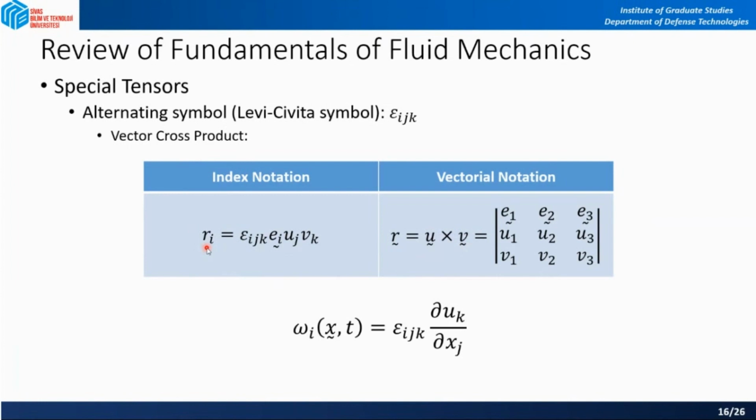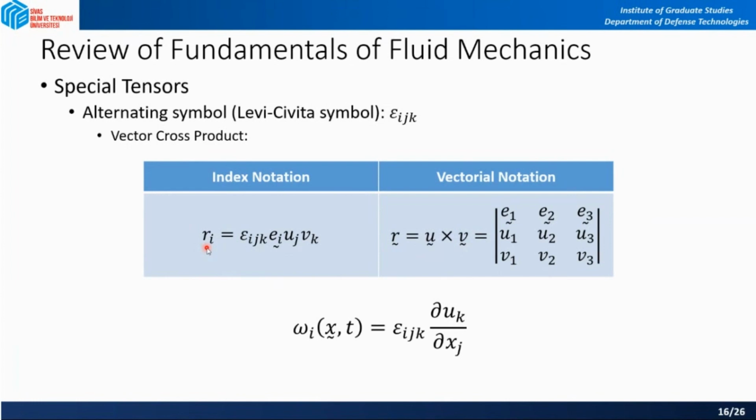And in vectorial notation, you can write it like this. You remember this vectorial or matrix notation maybe from your high school. So you have the normal vectors E1, E2, and E3, and then you have U1, U2, U3, V1, V2, V3. And also you remember that we use this alternating symbol in the definition of the vorticity vector as well.